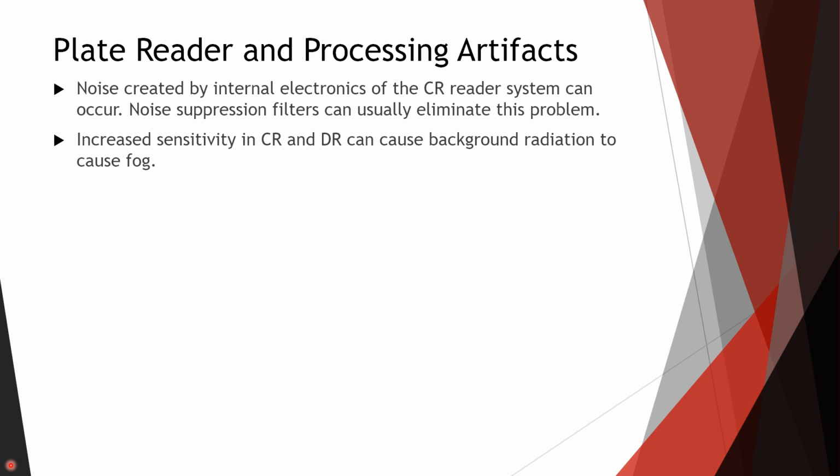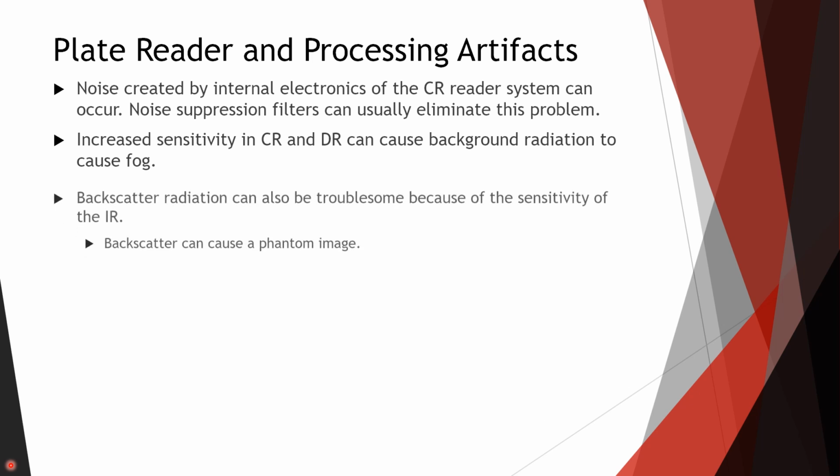So if it's left out in the room or whatever, it gets exposed to some degree, and then if you try to use it again before cleaning it, before erasing it, it's going to have all that radiation, all that fog, on there with the image that you're just doing. So it's most likely not going to look good.